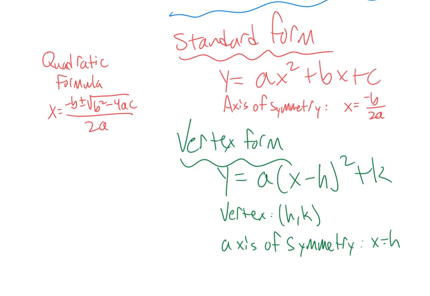Hidden in the quadratic formula is the axis of symmetry. You see it right here? Negative b over 2a. That's the axis of symmetry. So the quadratic formula starts with the axis of symmetry, negative b over 2a.